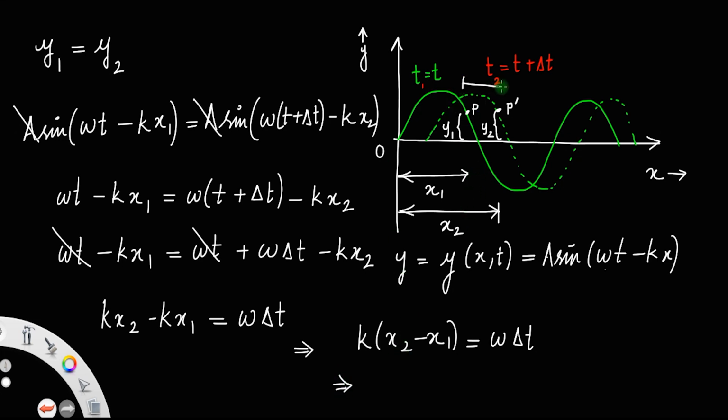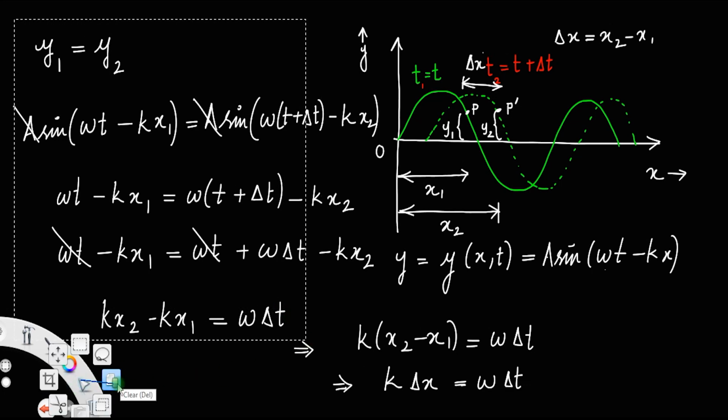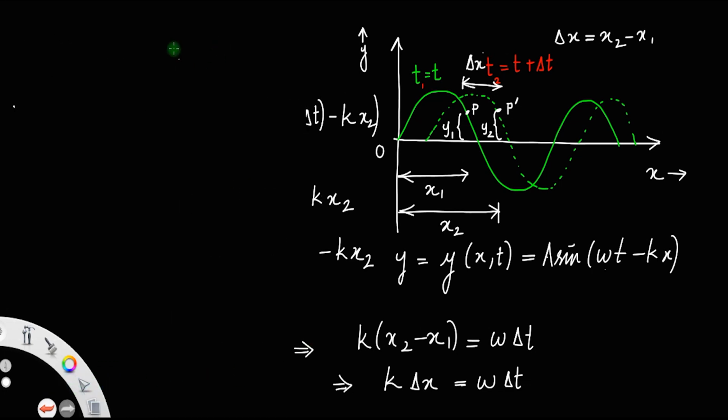Now if you see, x2 minus x1 is this horizontal displacement, that is actually delta x, where delta x is equal to x2 minus x1. So k delta x is equal to omega delta t, or you can write delta x by delta t is equal to omega divided by k.